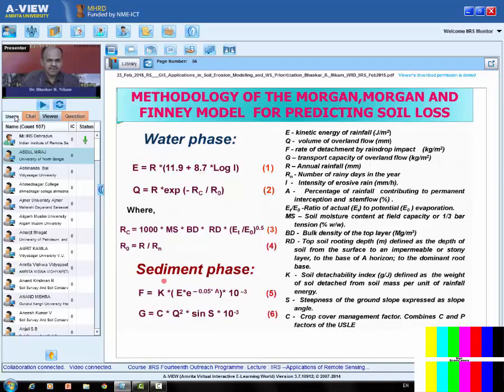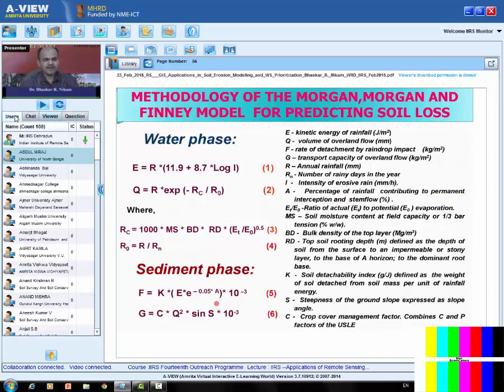In the sediment phase, you can calculate detachment due to raindrop if you know the K factor of your soil. K is the soil detachability index, which is similar to the K factor in RUSLE. Now E is the kinetic energy of your rainfall, multiplied by exponent of 0.05 into A, where A represents the percentage of rainfall contributing to permanent interception and stemflow.